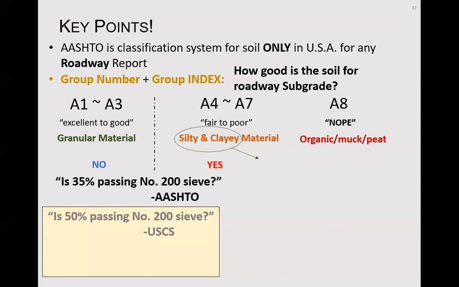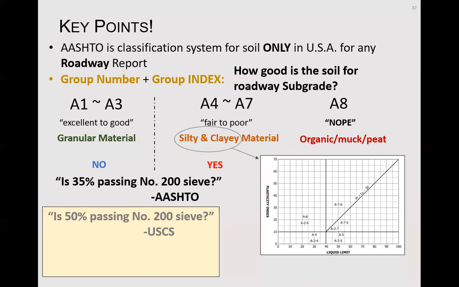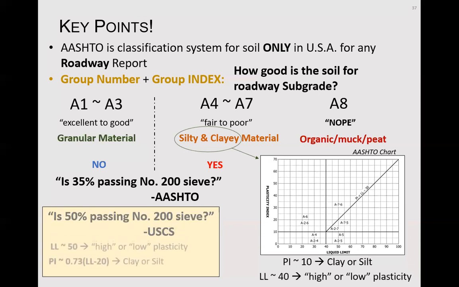For the silty and clay material, to determine whether it's different, they look at this plasticity chart, which is a little bit different than the USCS one. A PI value of 10 is the dividing line for clay or silt, whereas for the USCS, the liquid limit of 50 is high or low, and the PI is a function to determine whether it is clay or silt.